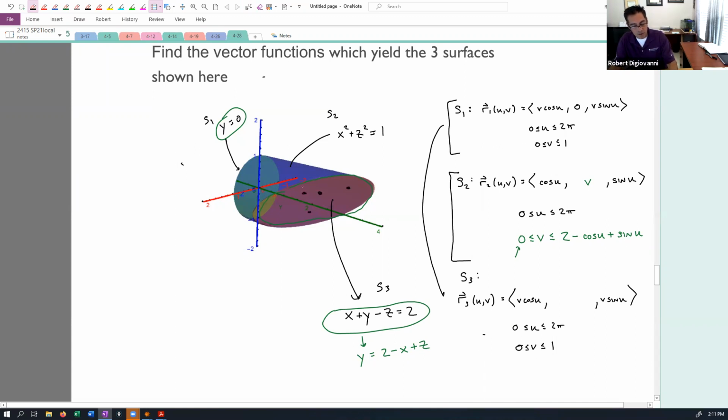You want to be on that surface. So you've got to solve that equation for y again, 2 minus x plus z, but x is no longer cosine u like it was in surface 2. It's actually v cosine u. Sorry, I forgot the minus. And then plus v sine u.